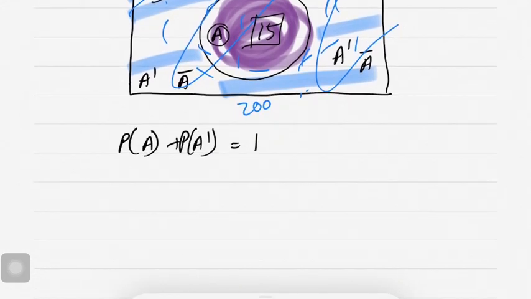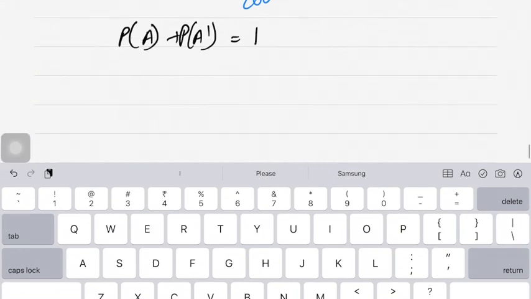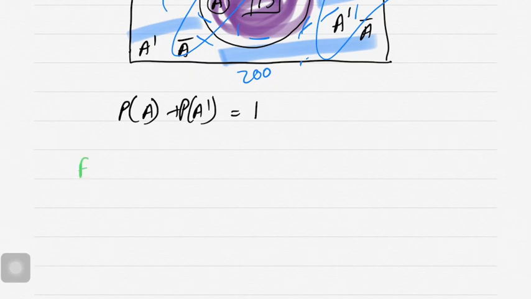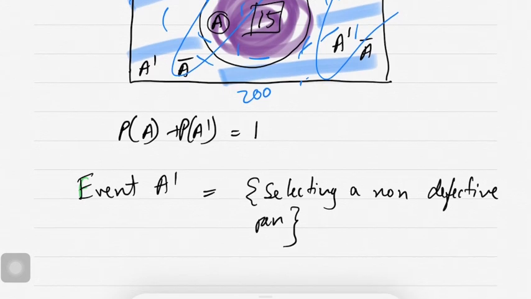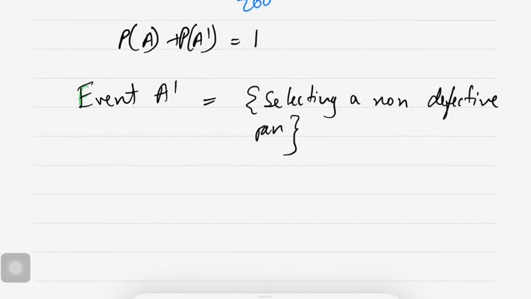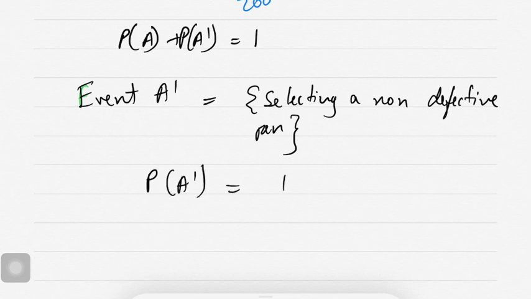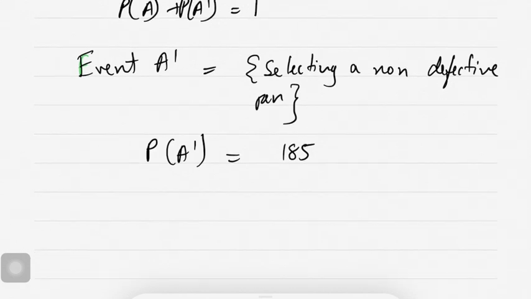And then instead of writing event B, you can also write it as event A dash, because it is complement to A. So event A dash would be selecting a non-defective pen. So P of A dash will be 185.